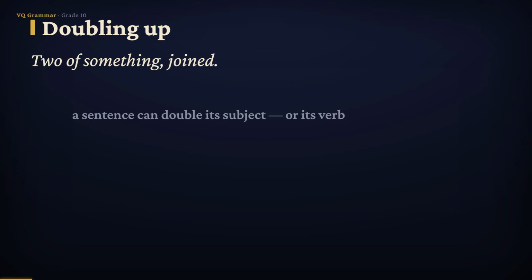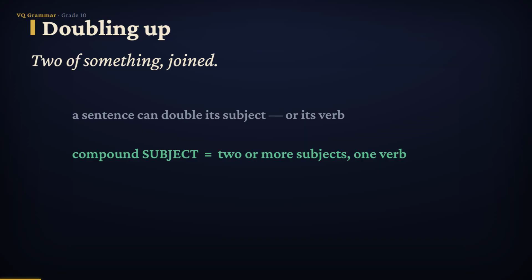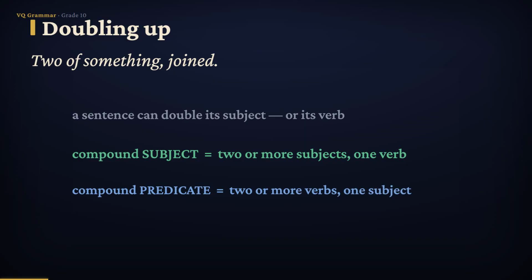Let's start with the whole idea in one breath. A sentence can double its subject, or it can double its verb. When it doubles the subject, we call it a compound subject, two or more simple subjects that share the very same verb. When it doubles the verb instead, we call it a compound predicate, sometimes a compound verb, two or more verbs that share the very same subject.